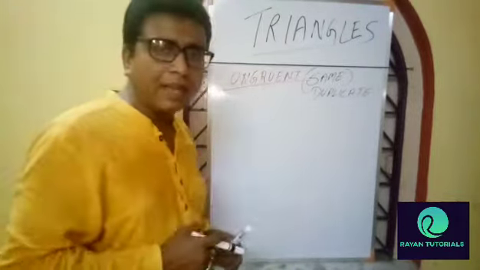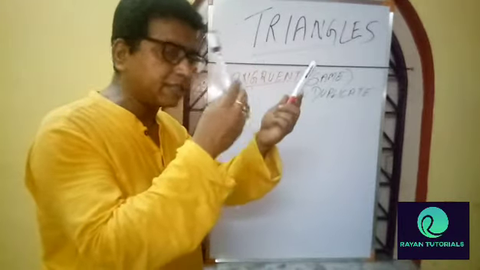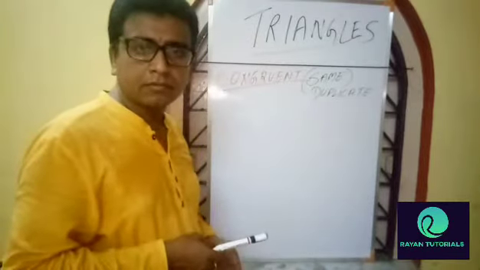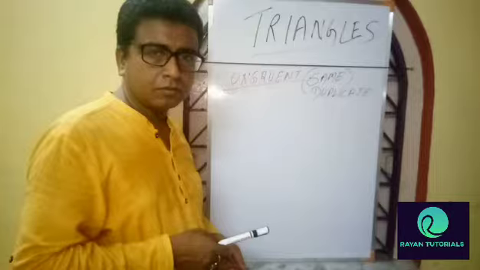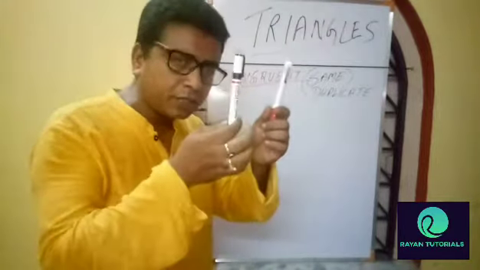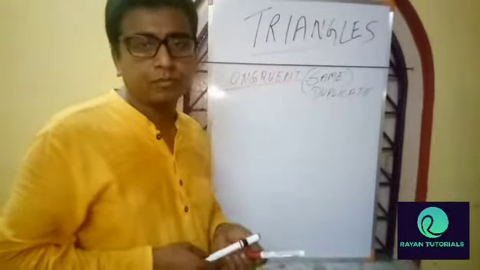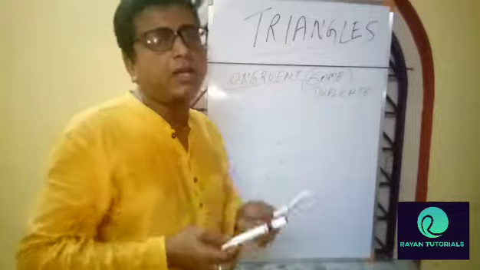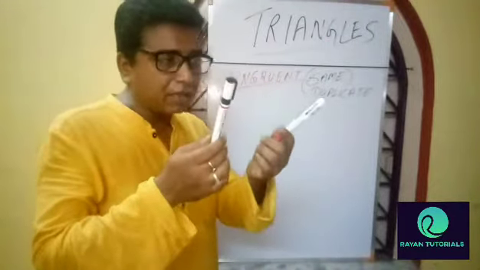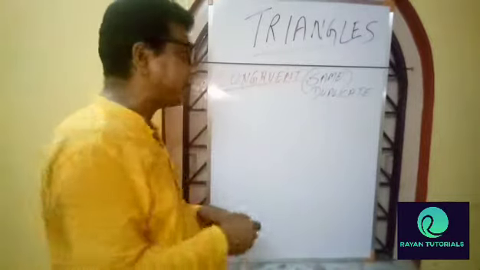It's not only for triangles, anything. This pen is a duplicate of this pen. This pen is congruent to this pen. No, this is red, this is black. Cannot. To be congruent to this one, each and every part should be same, each and every part should be similar, just like it has been duplicated.